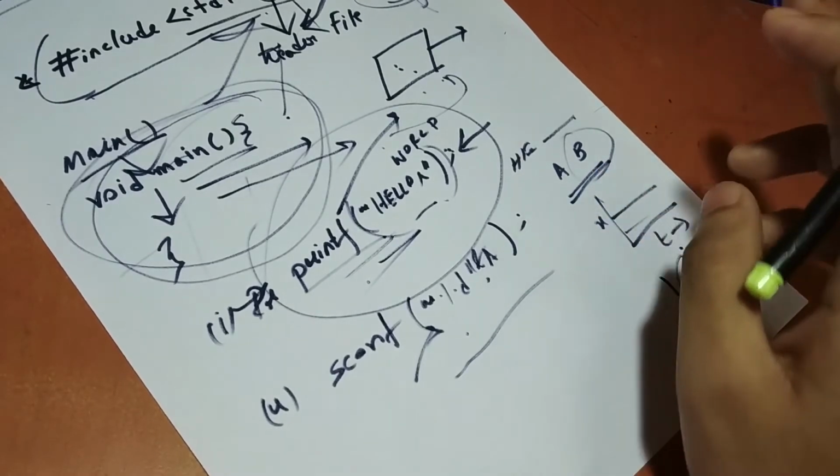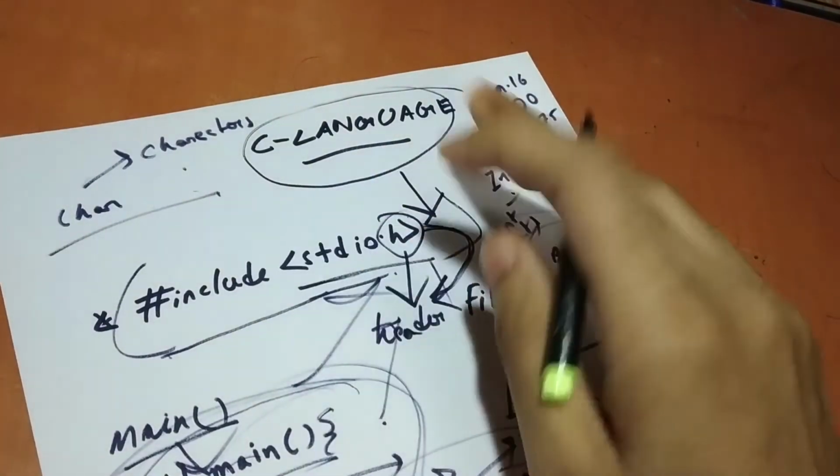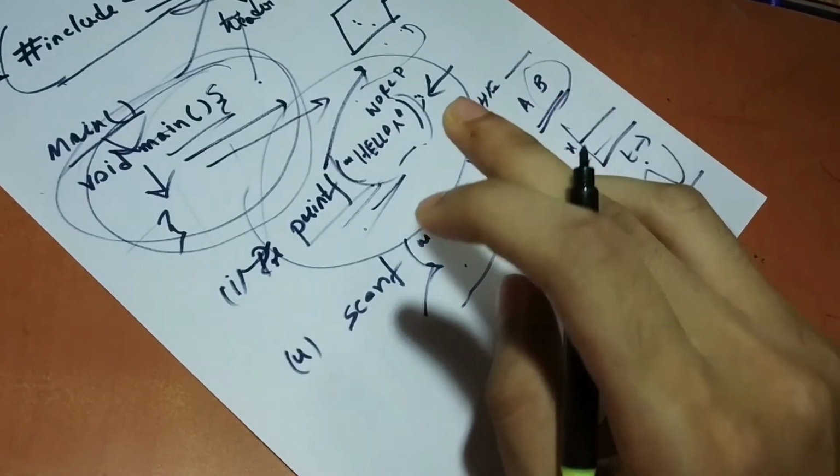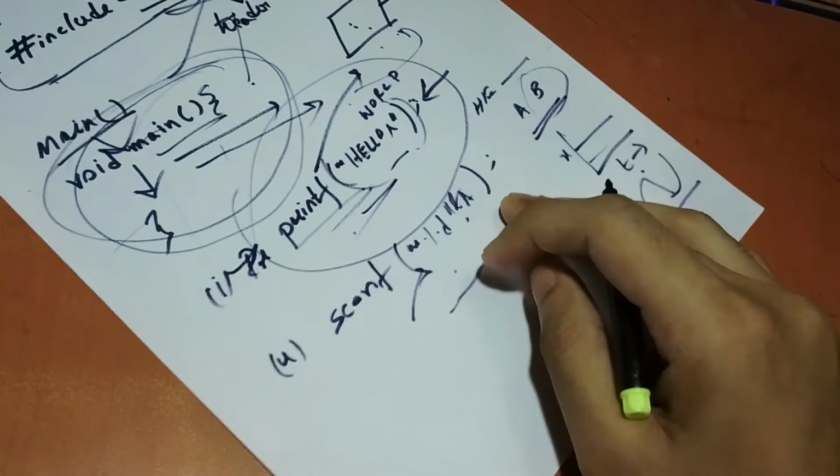So I want to give some integer value. I don't want to go into float or character kind of stuff. I want to give a very simple integer value.